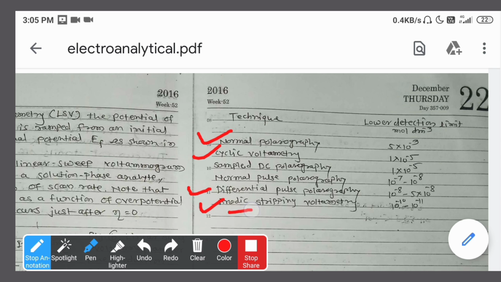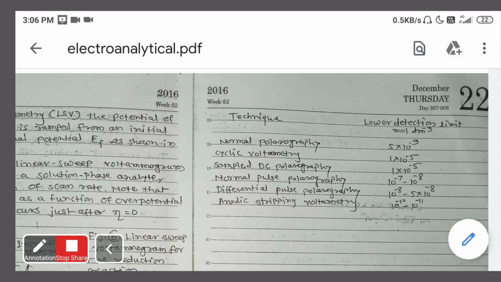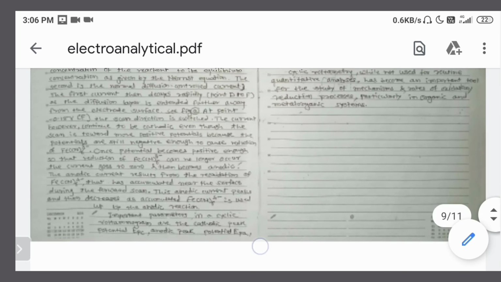Here the anodic or adsorptive type of stripping voltammetry gives the best result for low concentration ions. So we are left with only cyclic voltammetry and microelectrodes, which we will see later on.